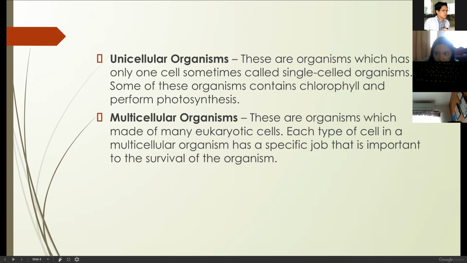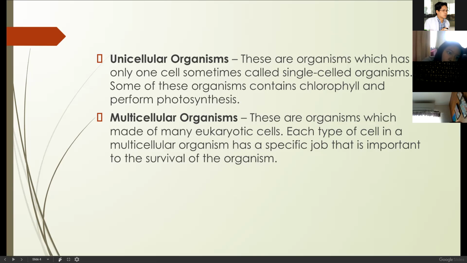Some of them are also transparent that you can only see them under the microscope stained. Okay, remember that these organisms can live by themselves because it's unicellular. It just needs a single cell. If you're going to look at them, you can see a single cell, but it is actually alive. It is a living organism.